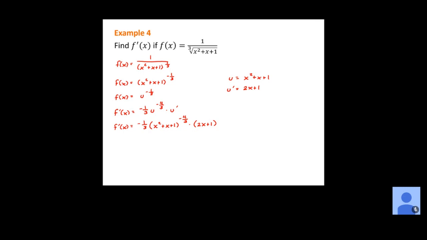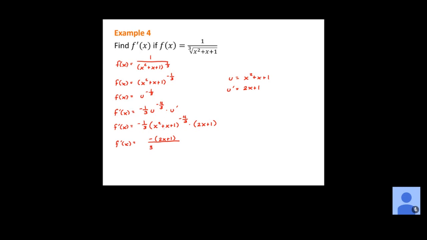All right, so now at this point, we just want to get rid of the negative exponent. That's the main thing here. We have f prime of x. The 2x plus 1 here is going to go in the numerator along with the negative 1. So we'll have a negative 2x plus 1. The 3 is already in the denominator, so I'll keep that down here.